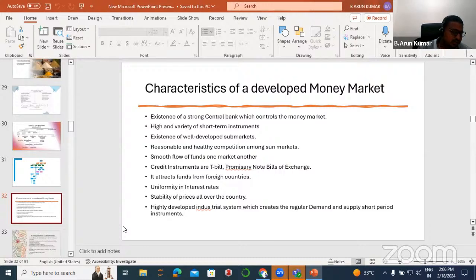Just go through the FDI definition and FPI definition. Then also the ADRs, American Depository Receipts, Global Depository Receipts, and Indian Depository Receipts. Study what the ADRs, GDRs, and IDRs are. These are the main important questions in unit number 7.